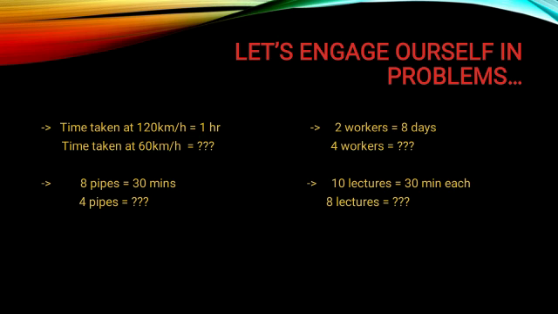If there are 10 lectures in a school, each of 30 minutes, and school time will remain the same. If your school is starting at 8 o'clock and ending at 2 p.m. in the afternoon, then the interval will remain the same, only the number of lectures will increase or decrease.